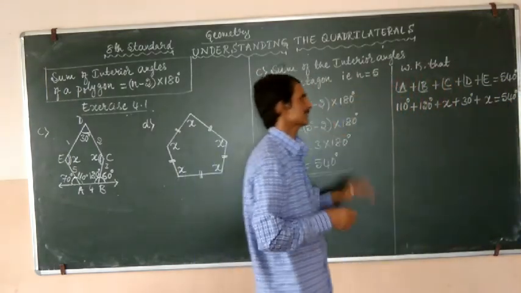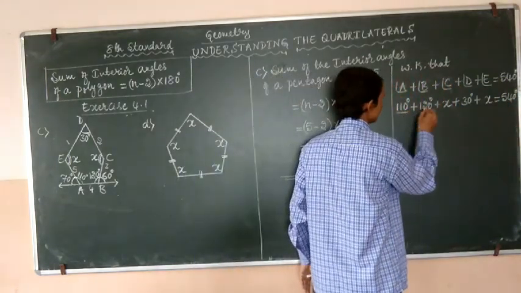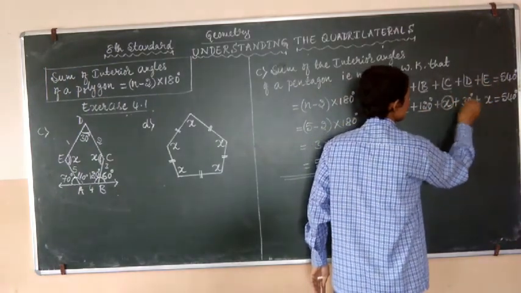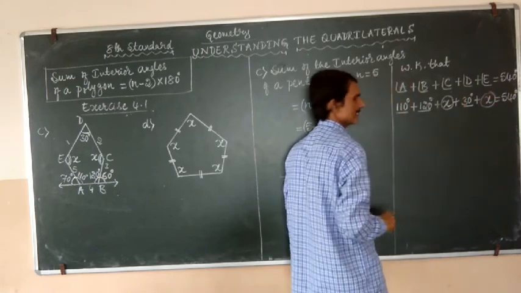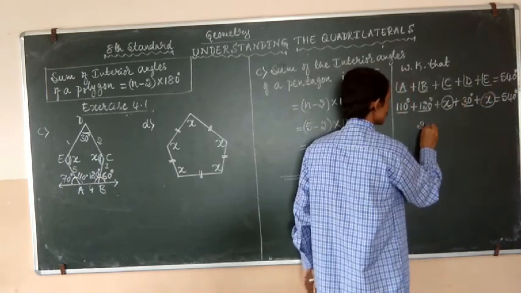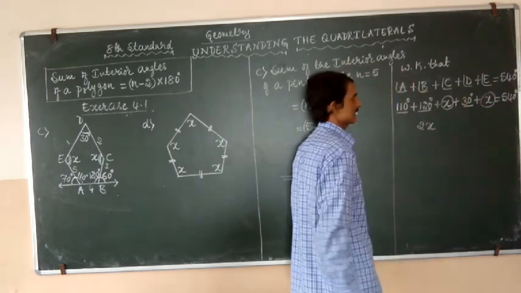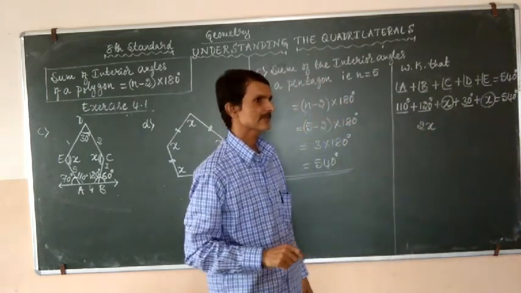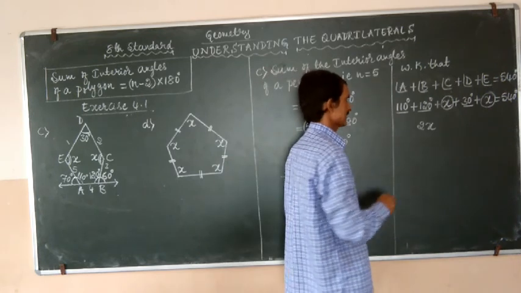Now simplify the left hand side. Add 110, 120 and 30 degrees. Then 1x plus 1x becomes 2x.